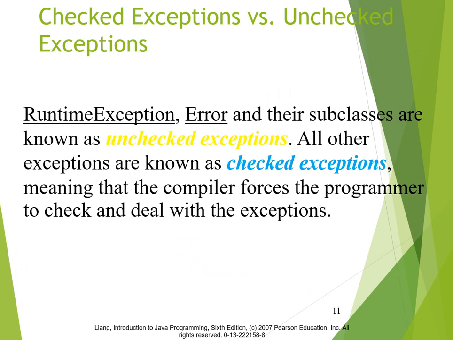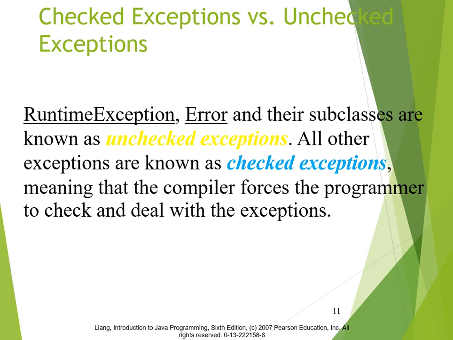We categorize exceptions into two main parts. One of them is the checked exceptions, and another one is the unchecked exceptions. Checked exceptions are those exceptions which, if you translate the word checked, means they must be checked by the compiler.